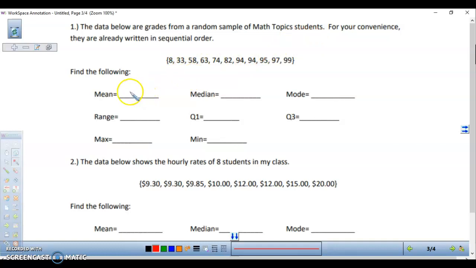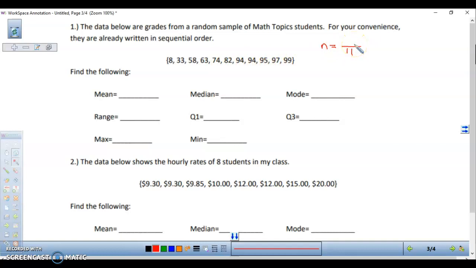So if I want to find the mean, remember mean is the average. I'm going to add all these numbers up, and I'm going to divide by the number of values there are. So there's 1, 2, 3, 4, 5, 6, 7, 8, 9, 10, 11 values. So I'm going to divide by 11, and I'm just going to add up all the numbers.